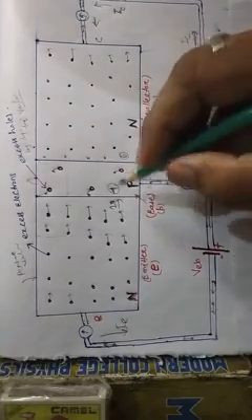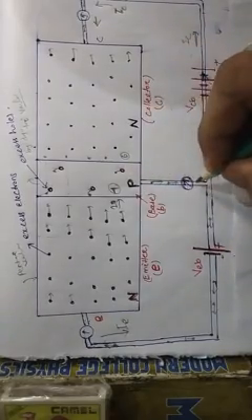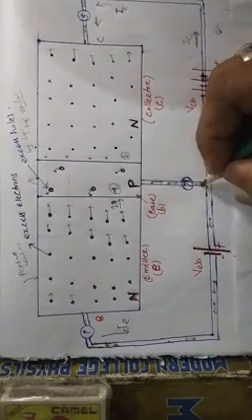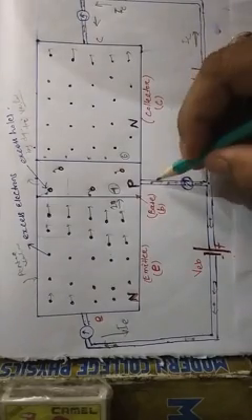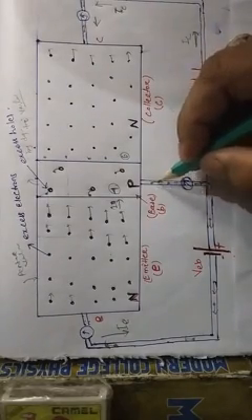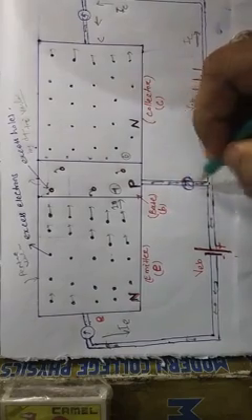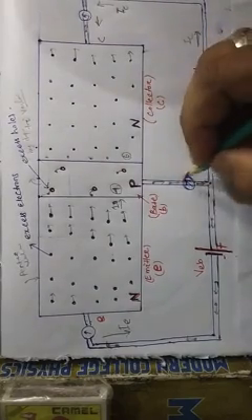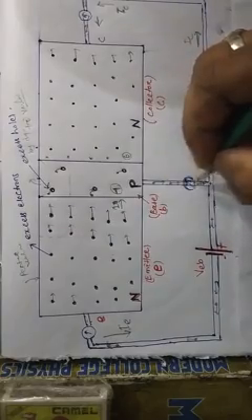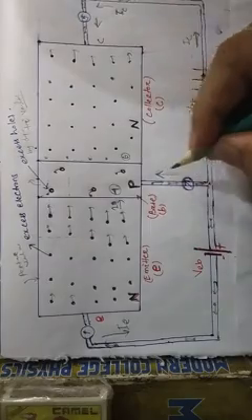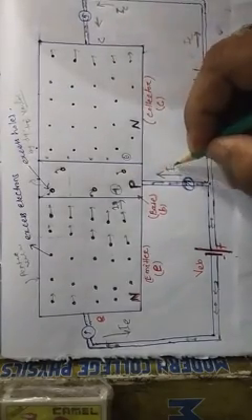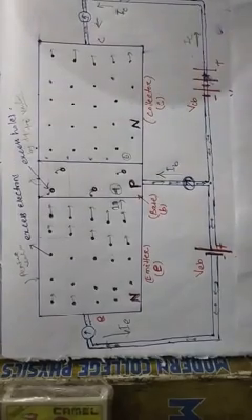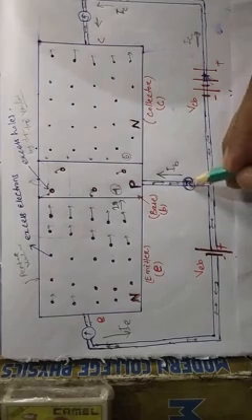The few electrons will be recombined and will flow in this direction and reach here. If electrons flow in this direction, the current in this wire will flow in the opposite direction. As it is the base, it is named the base current. That base current will be detected by this emitter.